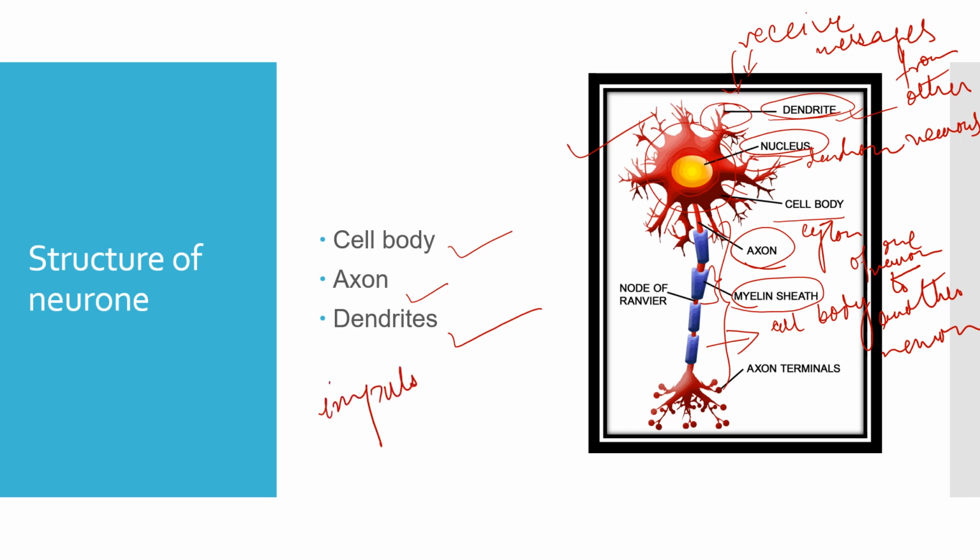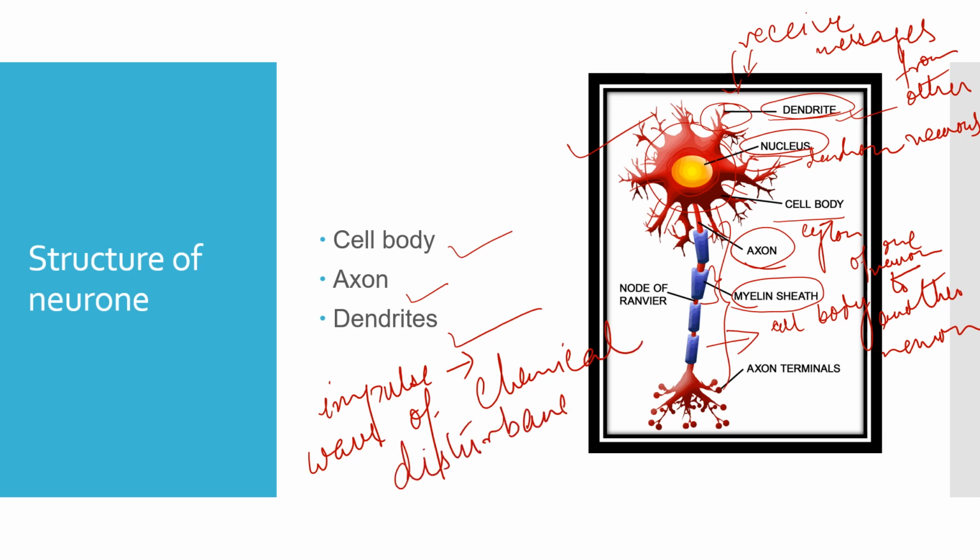So if the question comes, what is an impulse, you will write that messages travel along nerve cells in the form of a wave of chemical disturbance, and this is called an impulse. An impulse is like an electrical signal.